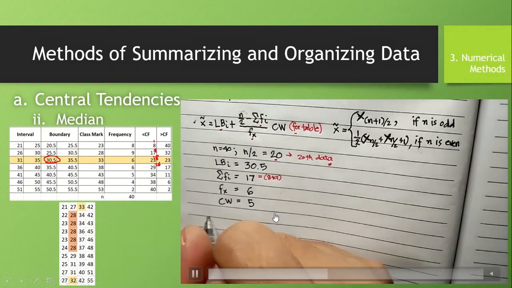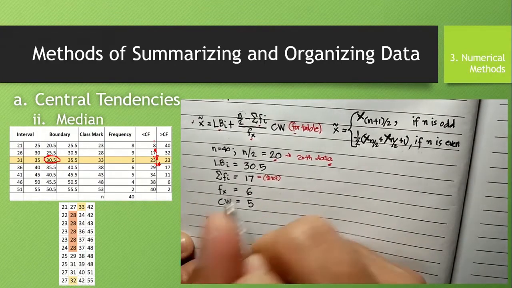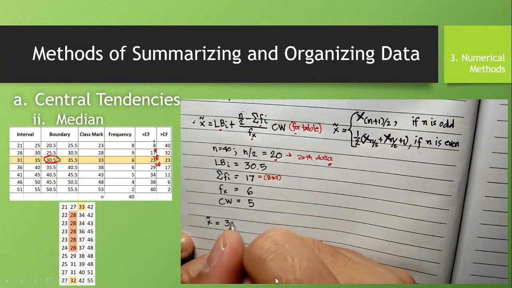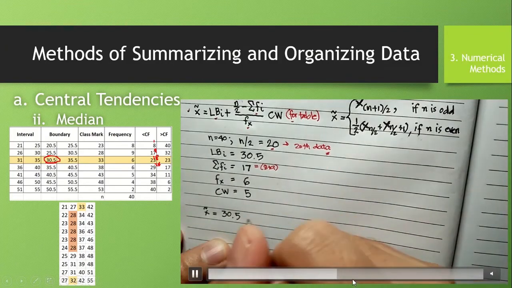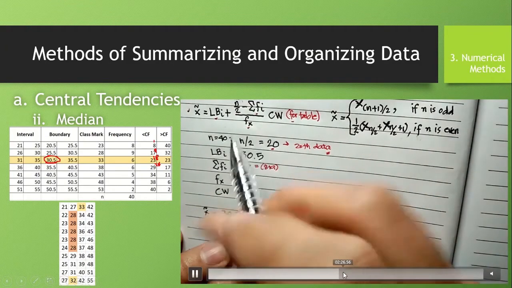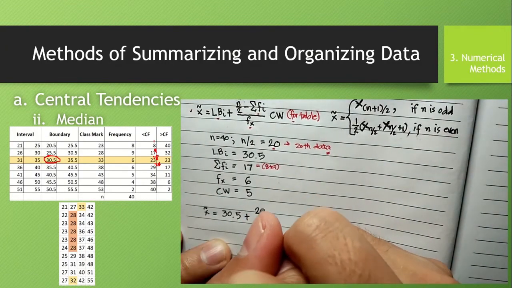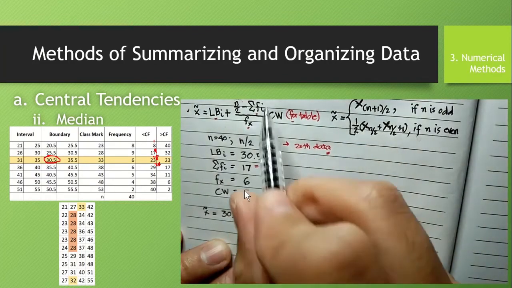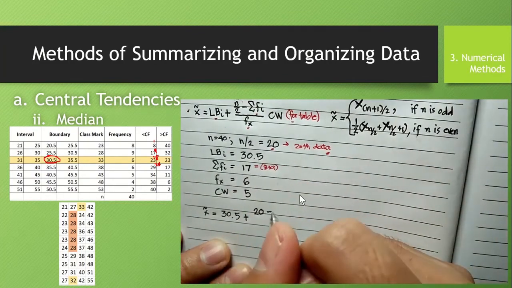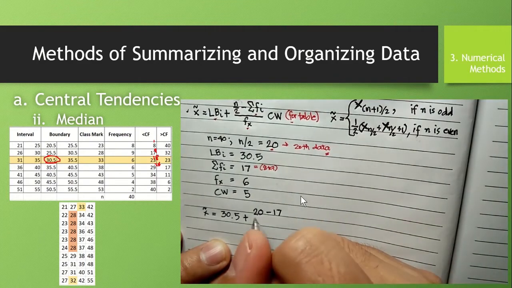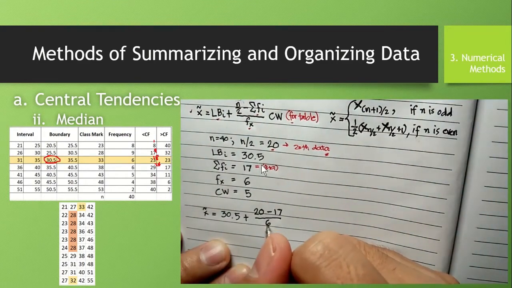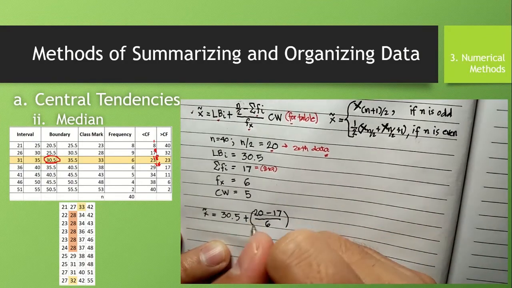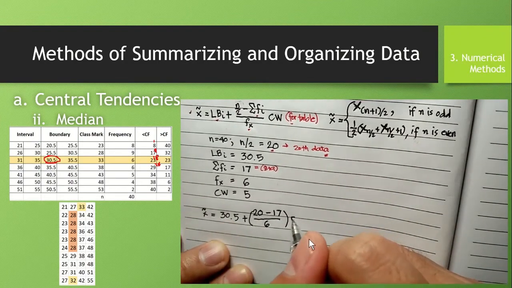Substituting all of these values into our equation, we'll have the lower class boundary of the median class plus n over 2, that's 40 over 2, which is equal to 20, minus the summation of the previous frequencies, divided by the median class's frequency, multiplied by the class width.